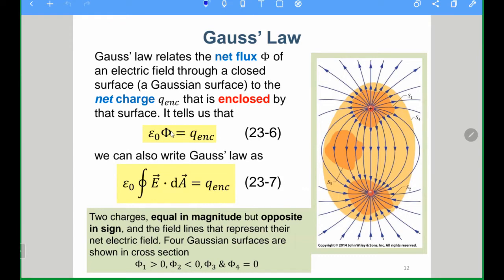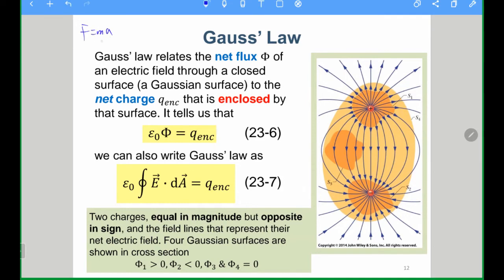So if you can calculate the electric flux, then this thing you already know, and this equation, Gauss's law, tells you that epsilon naught, which is 8.85 times 10 to the negative 12 power, a constant, times this net flux equals the charge enclosed by the Gaussian surface. So it's that simple, something like Newton's second law of motion, F equals ma.